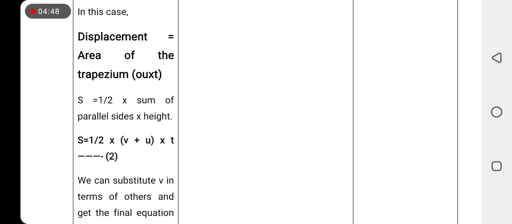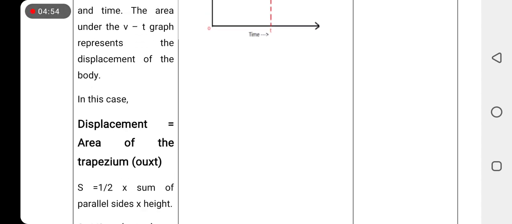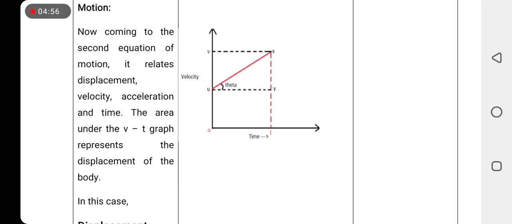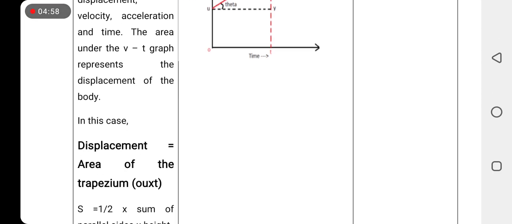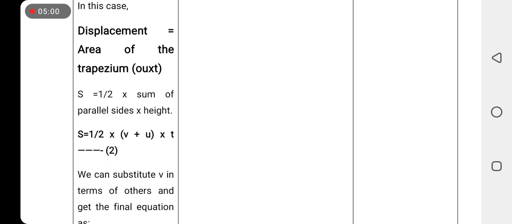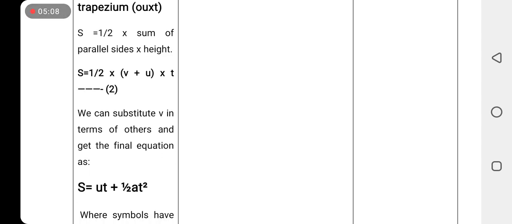In this case, displacement is equal to the area of trapezium OUXT. S is equal to half times the sum of parallel sides times height. S is equal to half times (V plus U) times T.